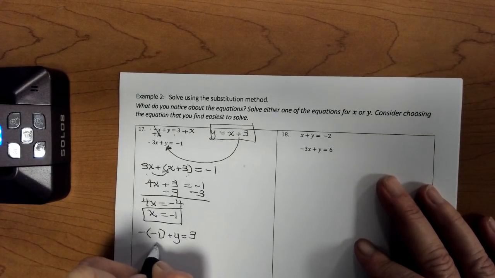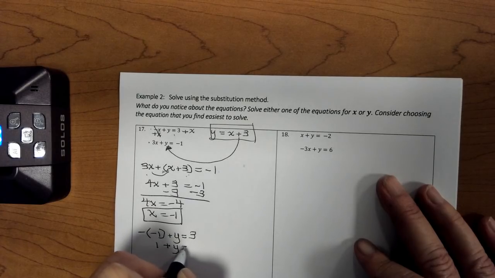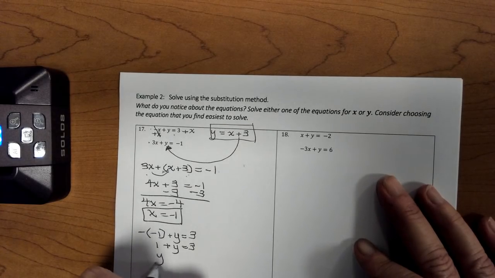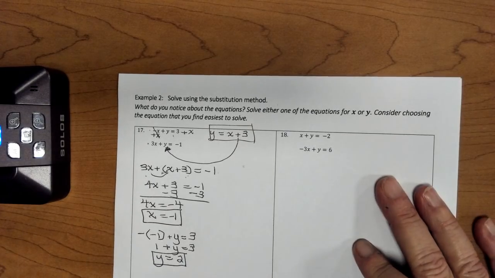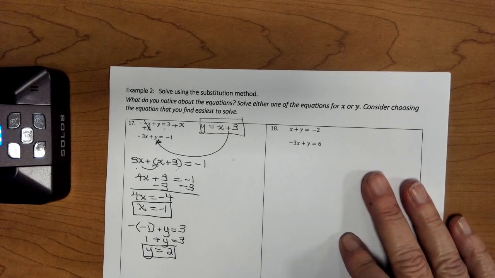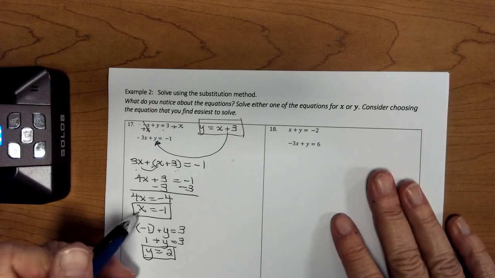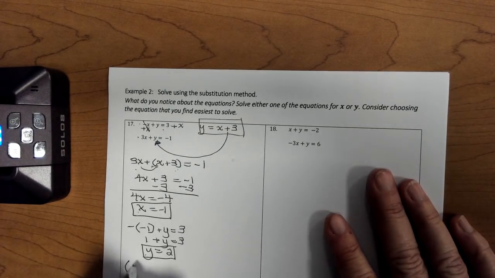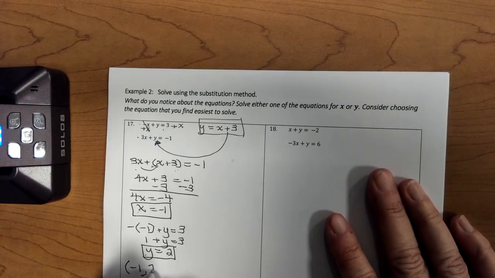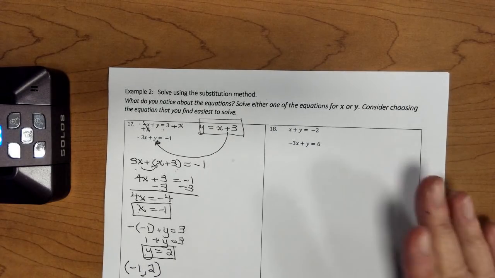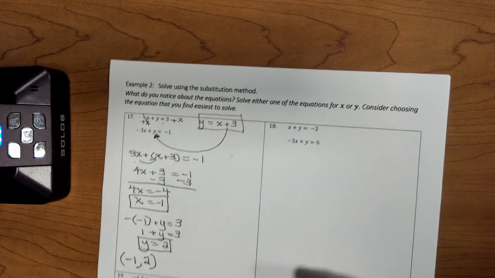I know that this is 1 plus y is equal to 3, therefore y is equal to 2. The only thing I need to make sure of is, does this solution work? And what is that solution? Negative 1 comma 2. Don't forget, you always need to write it as an ordered pair.